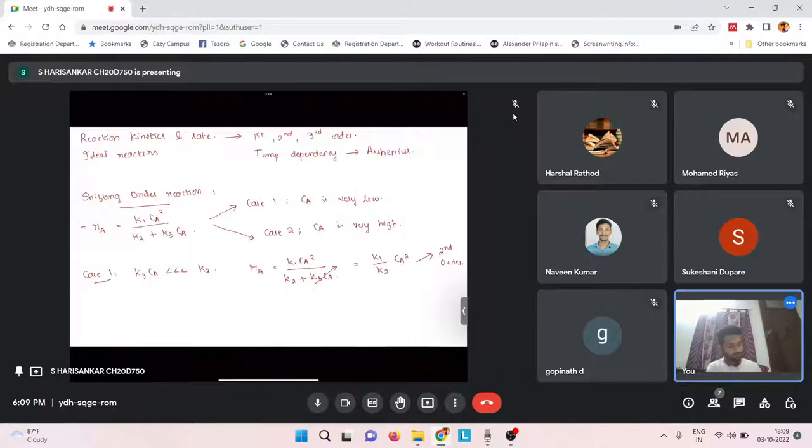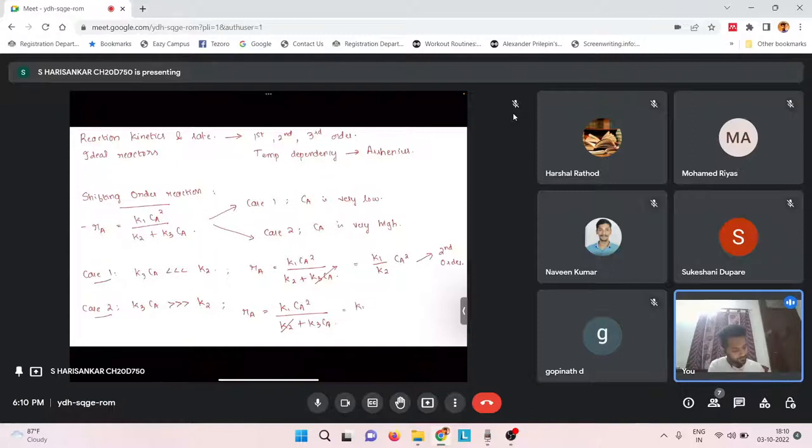Okay. Now case 2, there Ca, the concentration of A, is very high. That means this K3Ca will be a lot greater than K2. And when we write the reaction rate K1 Ca square by K2 plus K3Ca, since this K3Ca term is very high compared to K2, you can neglect K2.